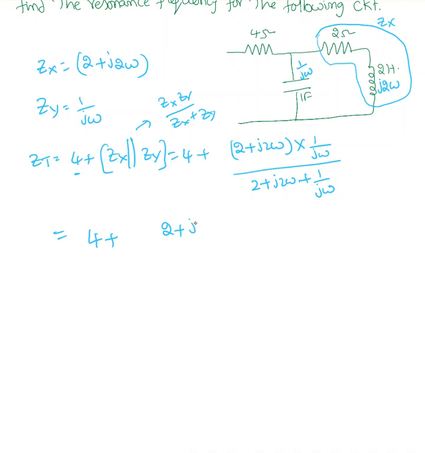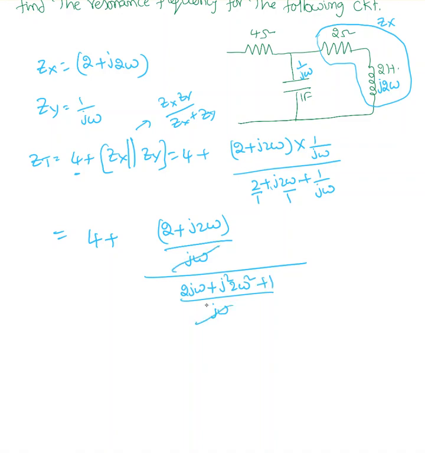2 plus j2 omega divided by j omega, over, so this is 1 over j omega in the denominator. So to make j omega a common denominator for every term, I'm going to do the LCM. So j omega, it's 2j omega plus j square 2 omega square plus 1.